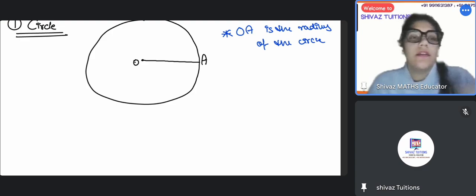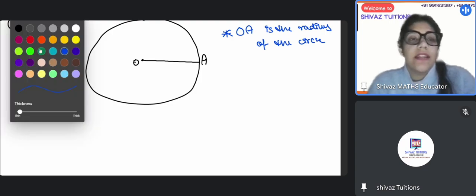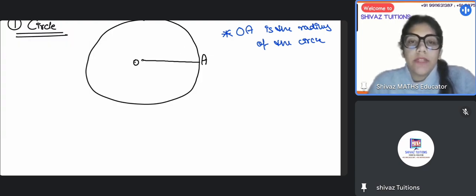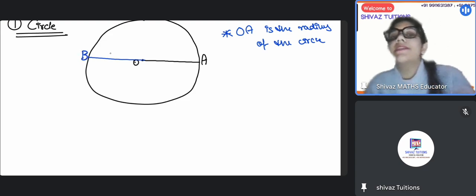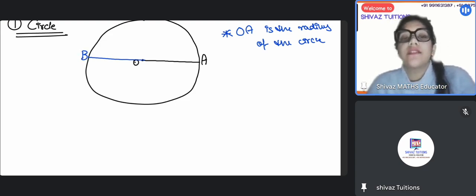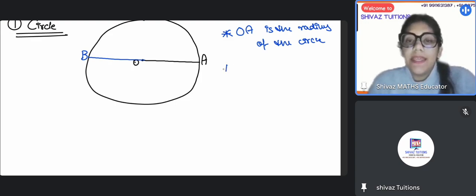Then, secondly, if a line segment inside the circle passes through your center, let me extend it and let me make it B. So actually BA is a line and it passes through the center. So that is called the diameter of the circle. BA is the diameter of the circle. Yeah, BA is the diameter of the circle.